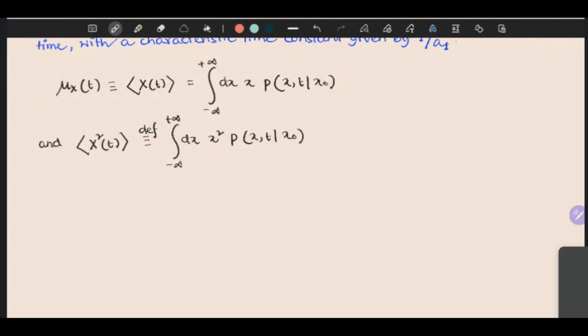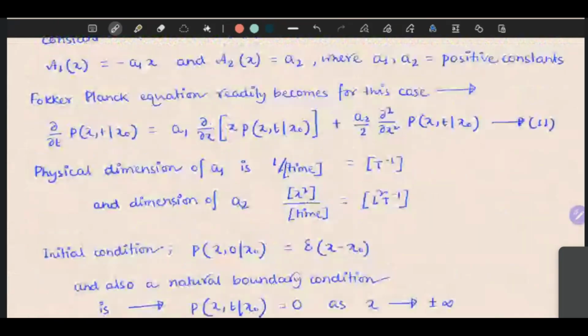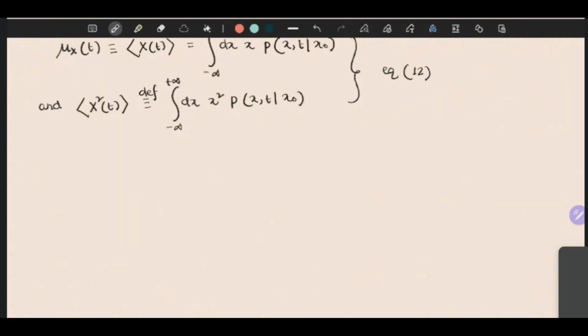So let's say these are equation number 12. Then you can write that these moments also satisfy a first order differential equation in time.